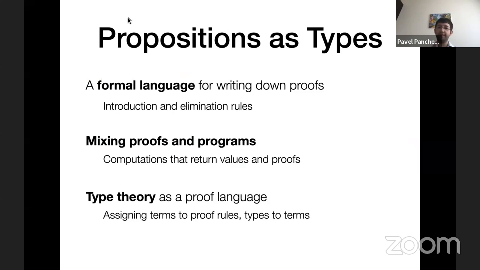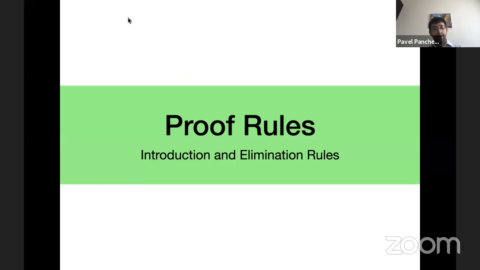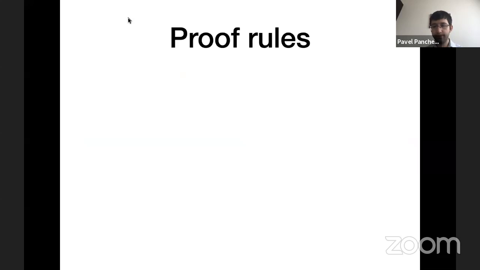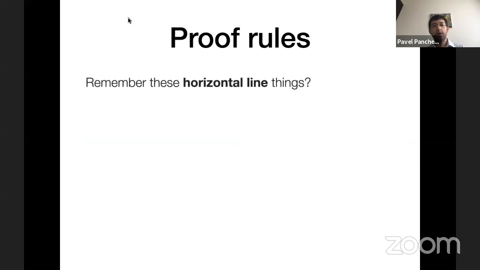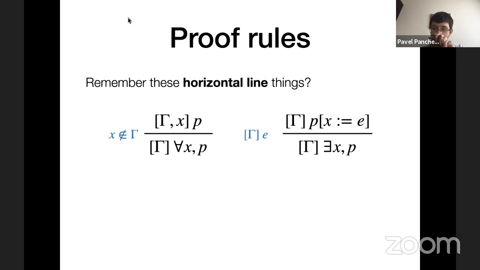All right, in that case, let's get into it. And let's start with this question of how do you write down what's a proof? And you'll recall early in the class, we had these horizontal line things. They came up a lot in that first section of the class that people didn't like.